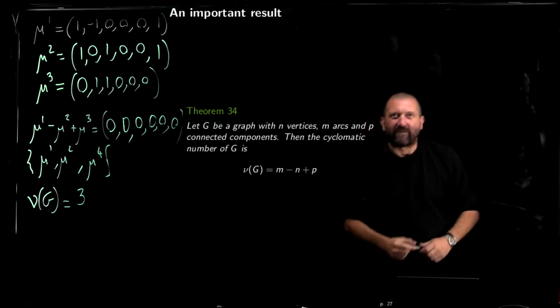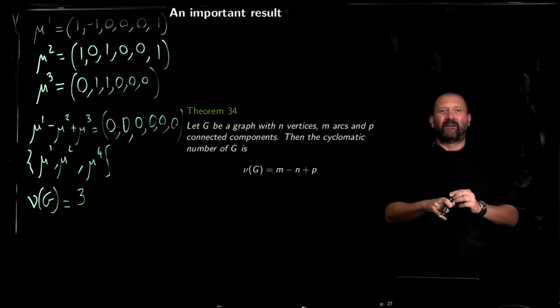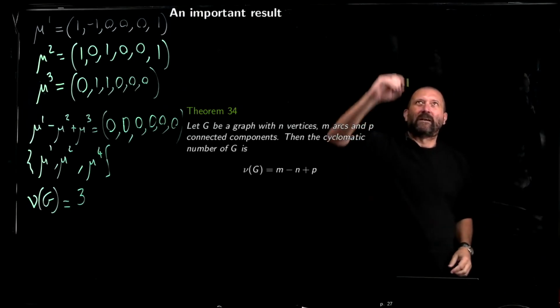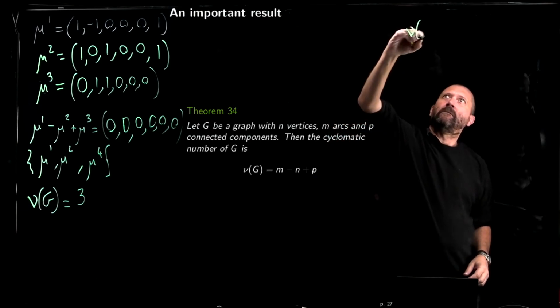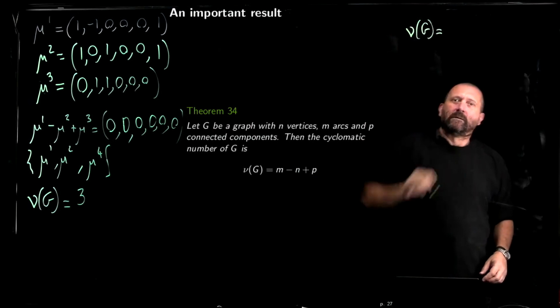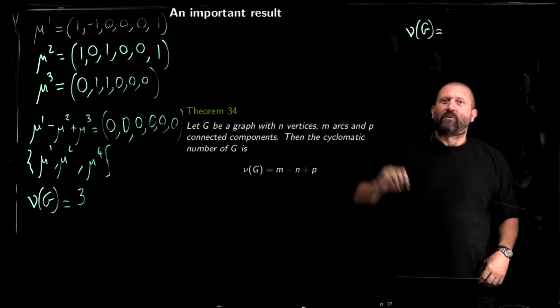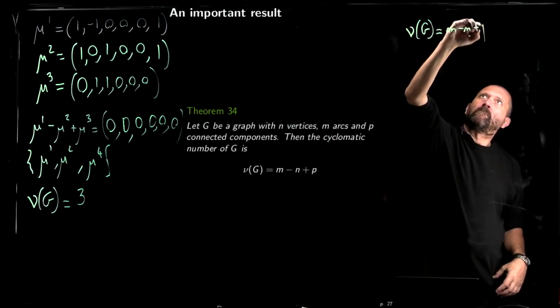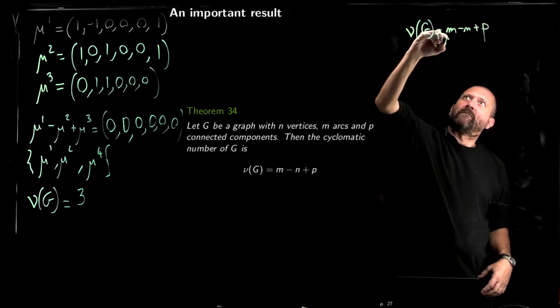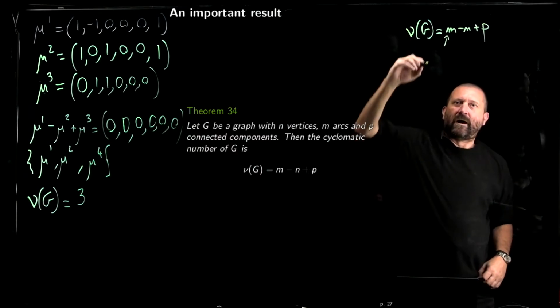And this is going to be sufficiently important for later use, but I'm actually going to write it here because I will be coming back to this formula quite a few times. And I'll point out this is the number of arcs.